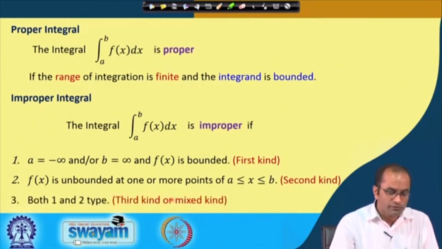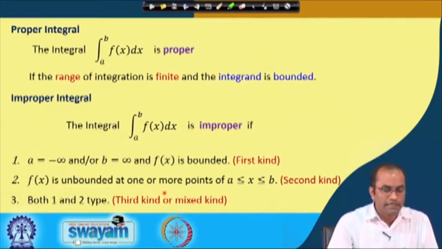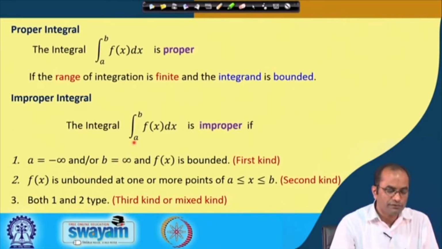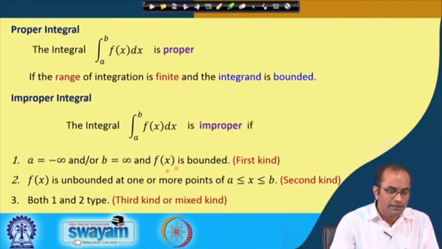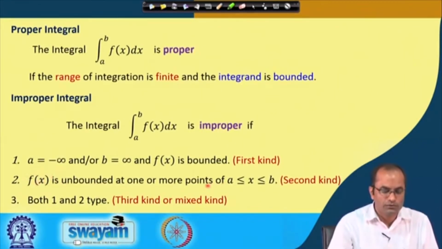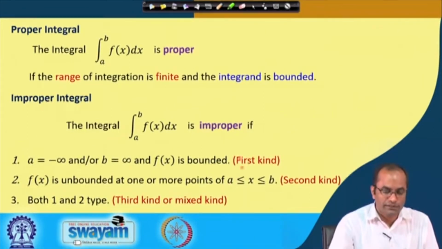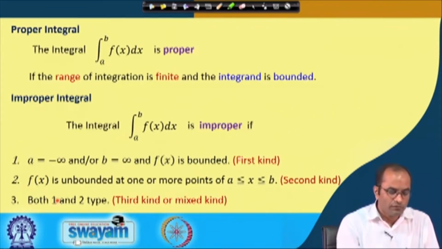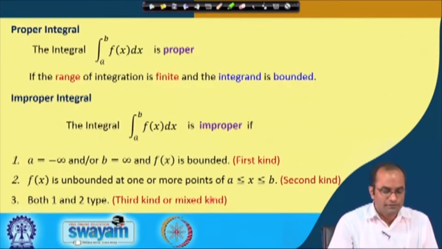The third kind of improper integral is when we mix these two types of integrals. So, either a or this b is infinity or both are infinity, as well as the f x, the integrand here, is also unbounded at some point within the range of this x, then we call this the third kind of improper integral.